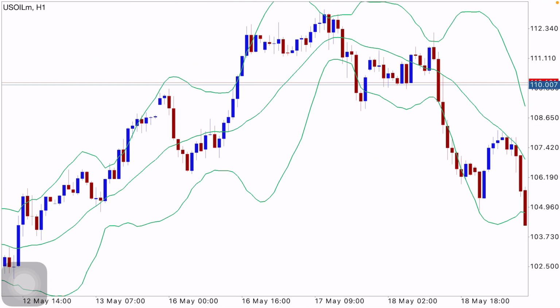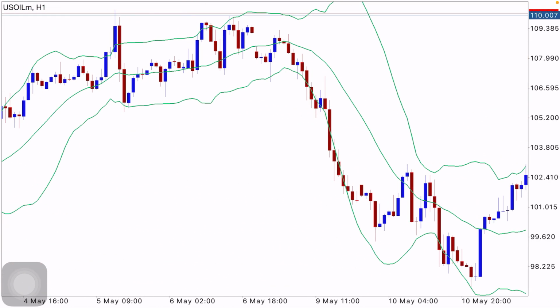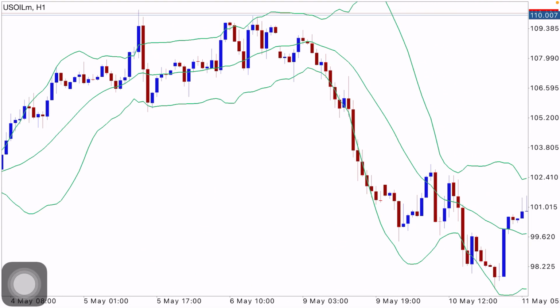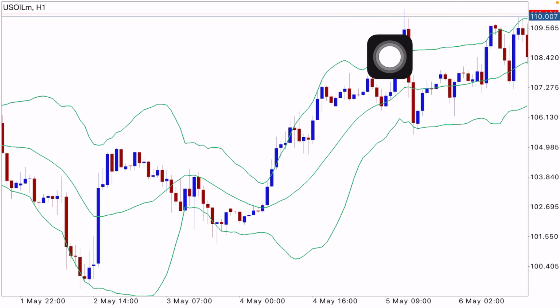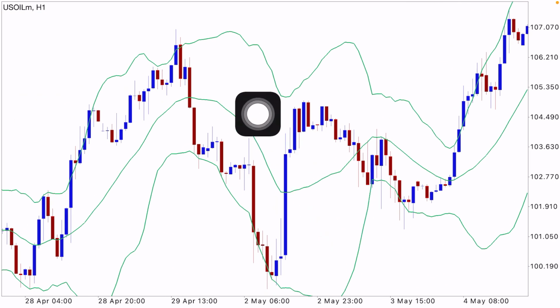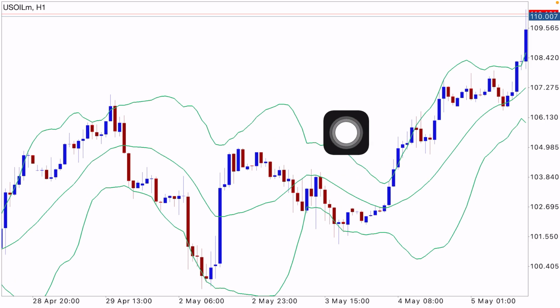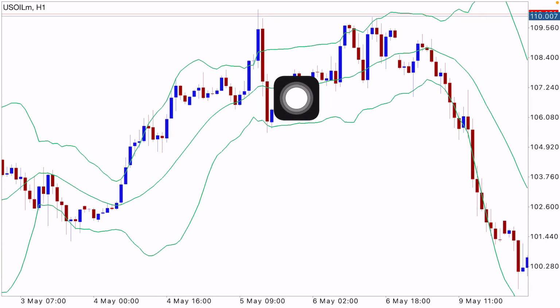If the bands are closed like this, it means at this point the market is not volatile. But if the bands are open like this, large, it tells you that at this point the market was very, very volatile. But when the bands are closed like this, the market wasn't volatile.